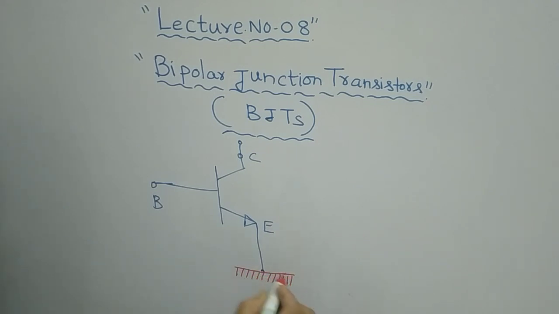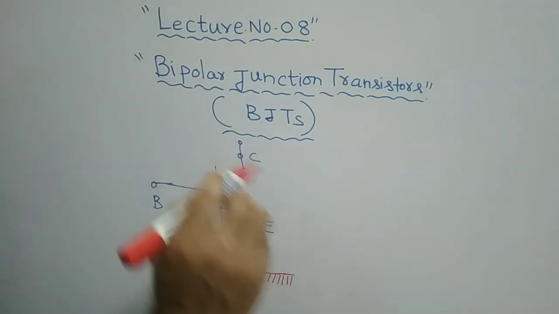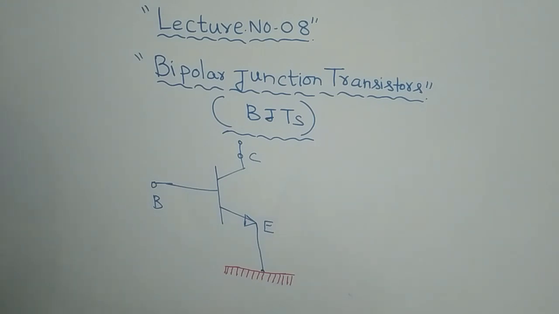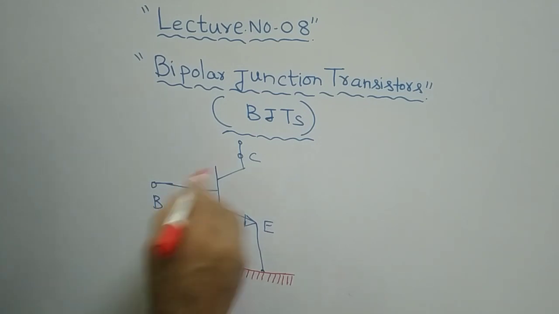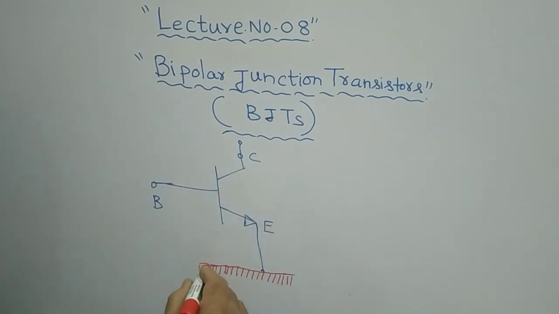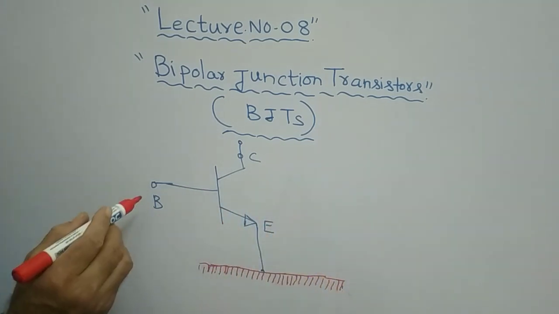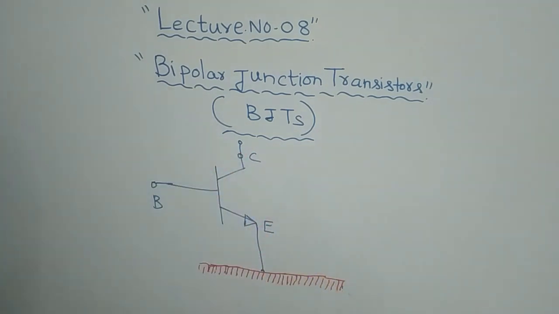Let us put this emitter terminal as ground. Then it is called the common emitter configuration. I am putting this emitter as common, meaning it is kept at zero potential with respect to the remaining two terminals. That can be shown like this. Then what are the remaining two terminals? If you put the emitter at ground, the remaining two are base and collector. Remember that.